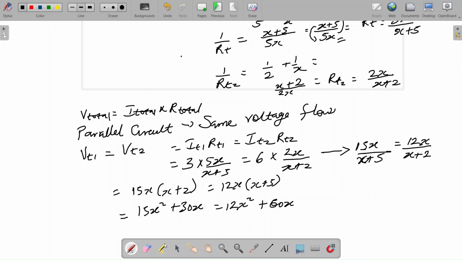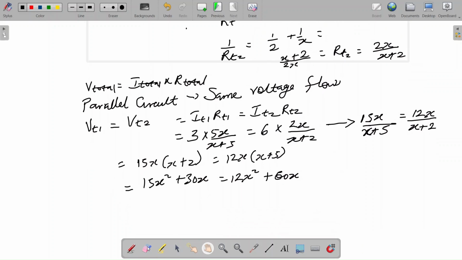So you can rearrange it to be 15x squared minus 12x squared equals 60x minus 30x.